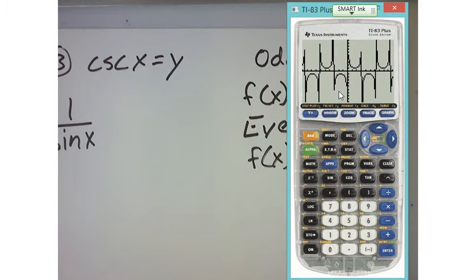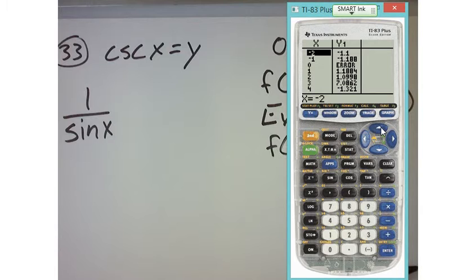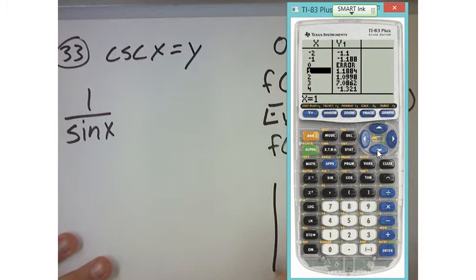In other words, if I were to take this, flip it upside down, and then flip it over again, you do a double flip over the x and then over the y. And one way to verify that is in the table of values. So if I hit second graph, which gives me the table of values, I can make a table so you guys can see it a little clearer.